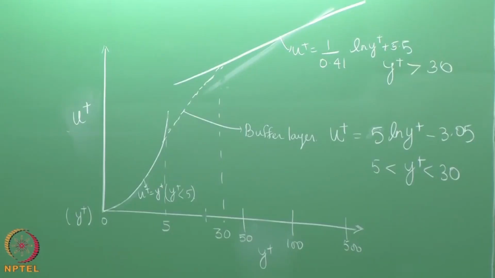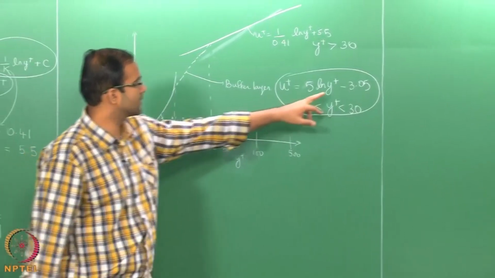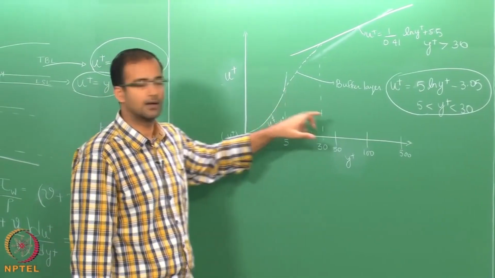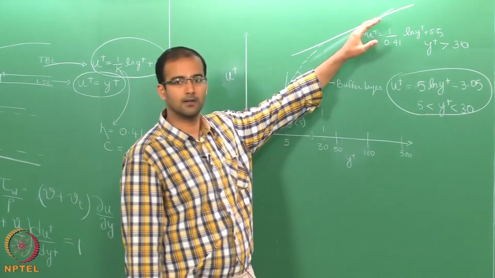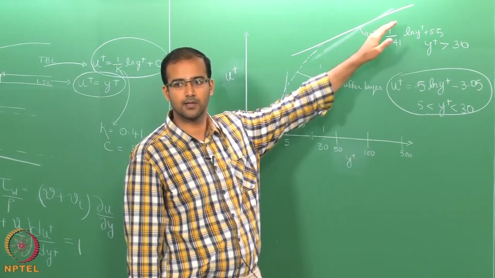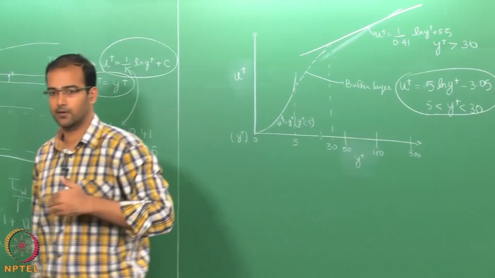So, this derivation is just to make sure that your u plus recovers at y plus equal to 5 the value of the laminar sublayer, and at y plus equal to 30 it should recover your original log value. So, it is just like a buffer between your turbulent boundary layer and your laminar sublayer.